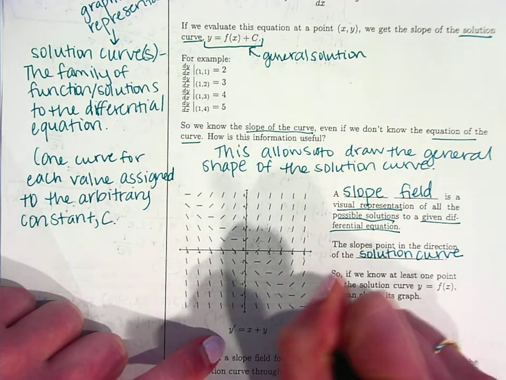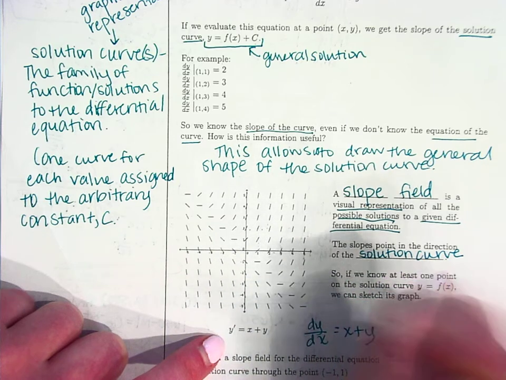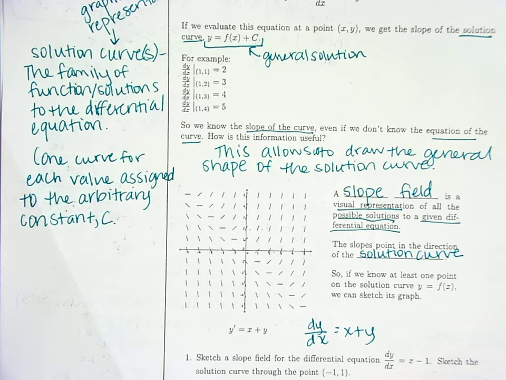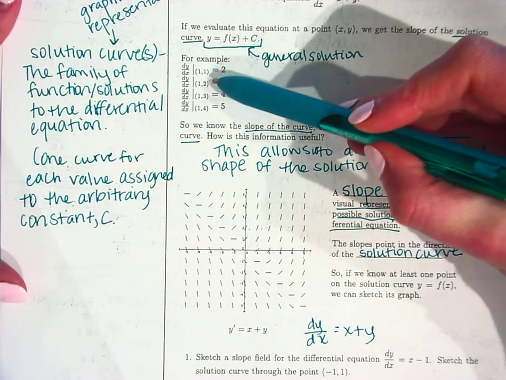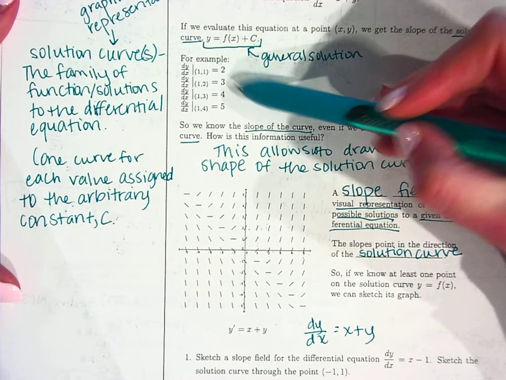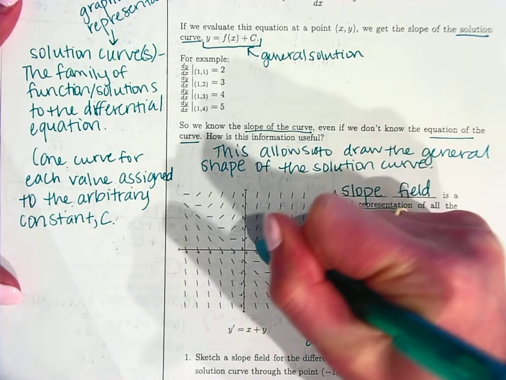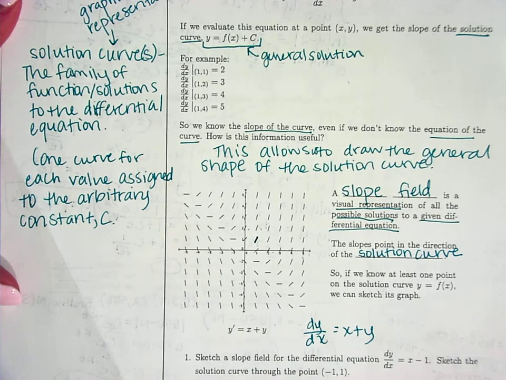Y prime, again, we can think of as dy over dx equals x plus y. So let's think about how they created the slope field using what they told us up here. At the point 1, 1, the slope was 2. So if we go to the point 1, 1, the slope of that little line segment that I just highlighted is 2.